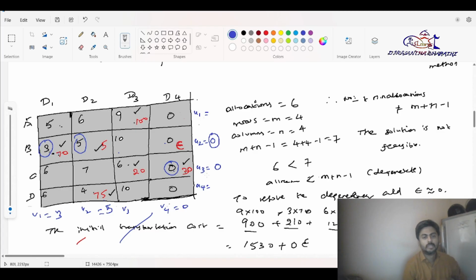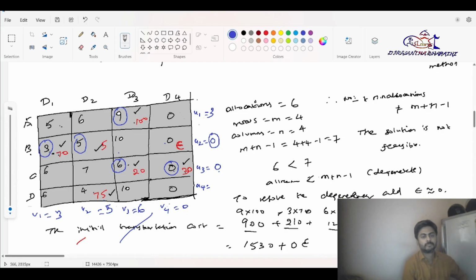Since u3 equals 0 and you have allocation 6 here, v3 equals 6. Since v3 equals 6 and you have 9 here, u1 equals 3, so that 6 plus 3 equals 9.